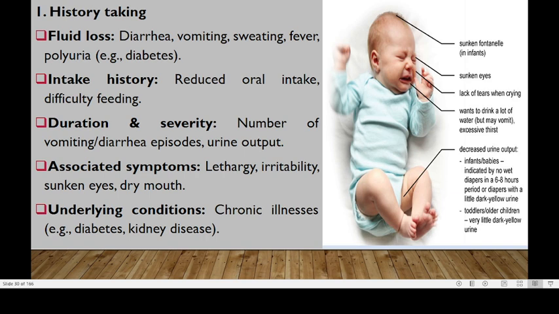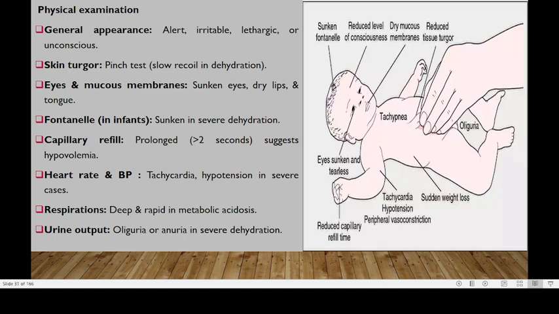Also, try to elucidate symptoms such as lethargy, irritability, sunken eyes, dry mouth. We also have underlying conditions like chronic illness, diabetes, and kidney diseases. In physical examination, you find the child may be alert, irritable, lethargic, or unconscious.